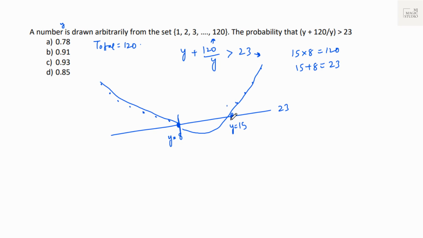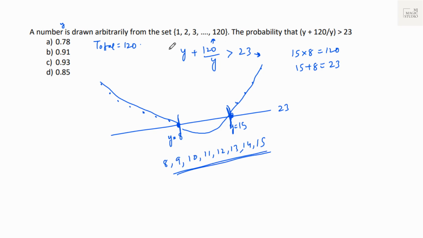So the values from 8 to 15 will give you values which are either 23 or less than 23. The values are 8, 9, 10, 11, 12, 13, 14 and 15.